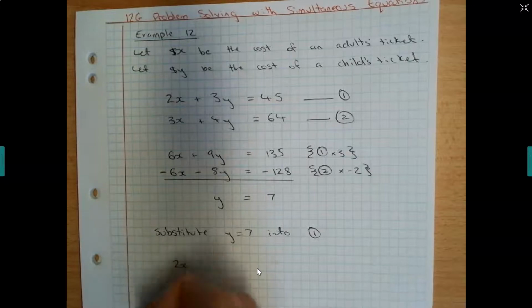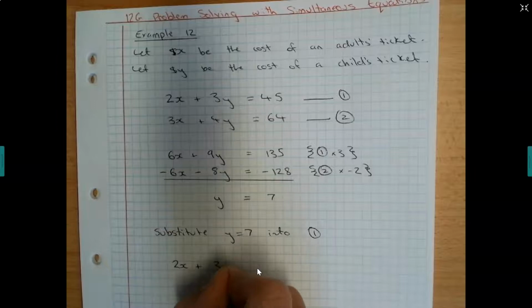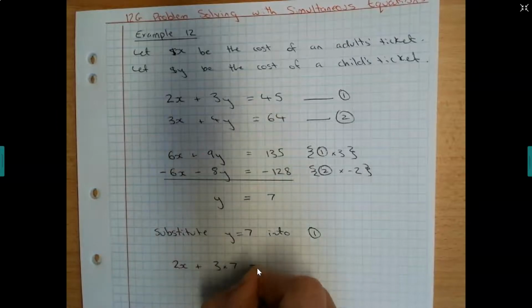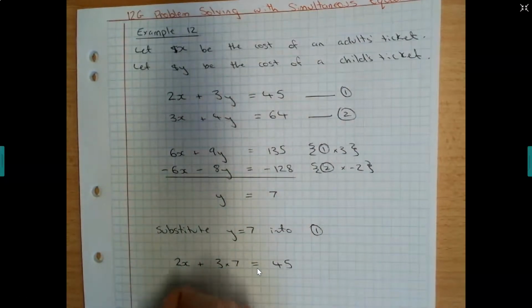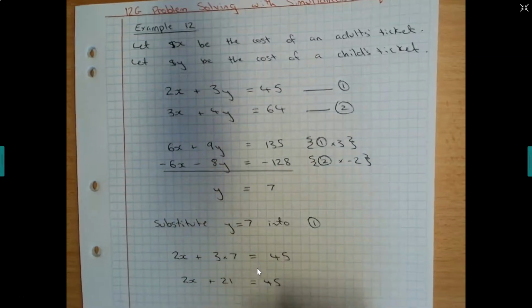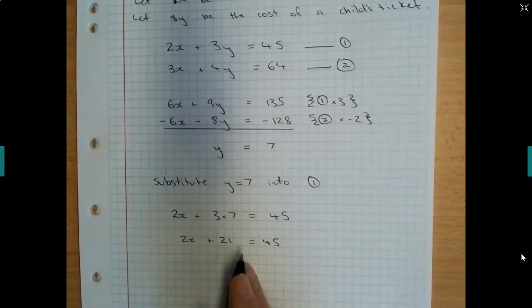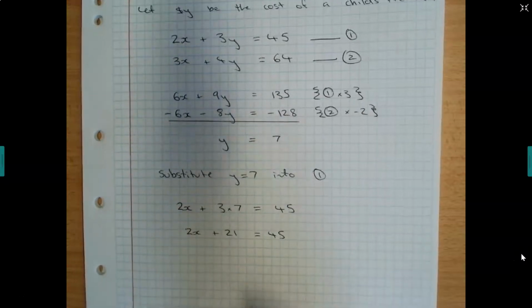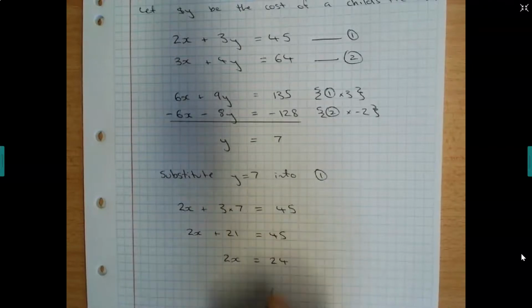So I know that 2x plus 3 times y, which is 7, is equal to 45. And then to simplify, 2x plus 21 is equal to 45. And then I subtract 21 from both sides. So 2x will be equal to 24, and then divide both sides by 2, therefore x is equal to 12.